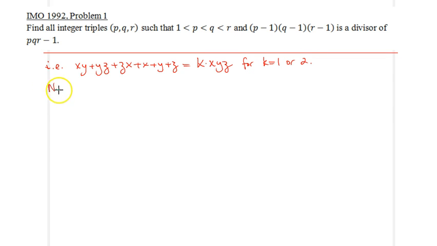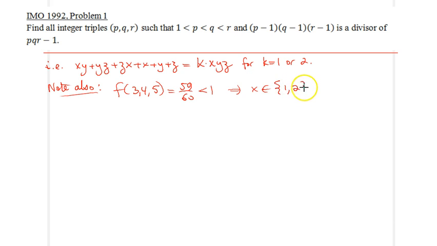But then note also that f of 3, 4, 5 is equal to 59 over 60, and that's strictly less than 1. So x must be either 1 or 2, because x being 3 or larger won't work. Our function is too small, so we need to pick smaller x values so that our function value will be higher, at least 1.